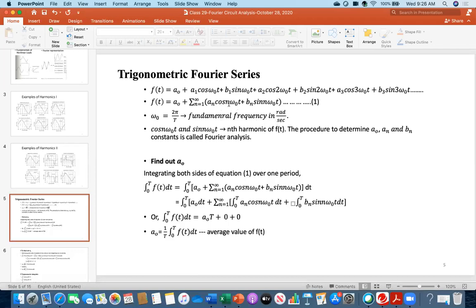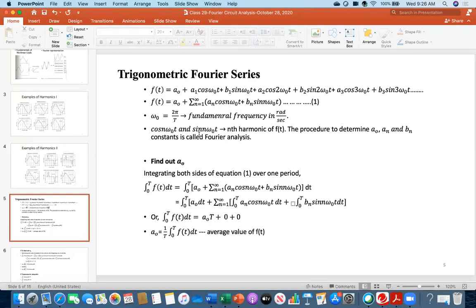And cosine n omega naught t and sine n omega naught t in the equation are called the nth harmonic of that function. The procedure to determine a naught, a n, and b n is called Fourier analysis. Therefore, Fourier analysis, meaning Fourier series application, means finding out those three constants, a naught, a n, and b n.